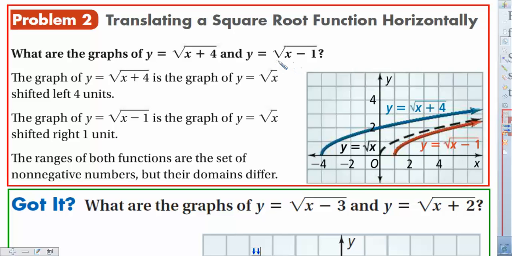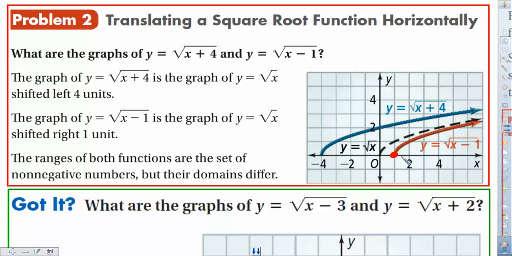The second one right there, x minus 1, because it's a minus 1, we're going to move everything to the right 1 unit. So moving this to the right 1 unit, there's my new spot right there, the square root of 1. Notice even though I'm underneath the 2, try not to look at those numbers. I said this before in previous units when we were graphing quadratics with that quick way of graphing it. The worst place you can possibly look is at those numbers down there on the x-axis and the y-axis.